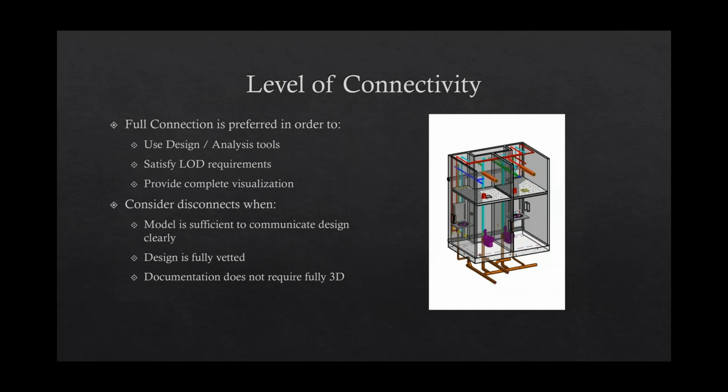Truth be told, it's not actually fully connected to the fixture, but that might be fine. Bringing it further might also go further than necessary; it's about knowing what is necessary for your design. If you're going to be doing analysis and using some of those design tools, that's when you truly need full connection, because otherwise you're not going to get your full system. Flows won't compute properly.